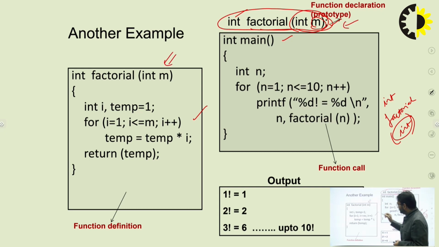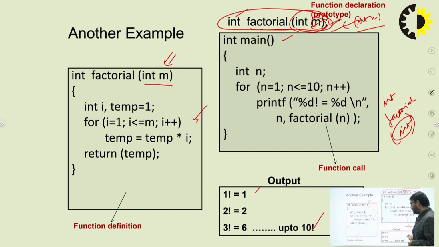We can change that name and write int n. Here we can use int m, but here we can use int n. It is not necessary to use the same name, but it is recommended to use the same name in the function definition as well as the function prototype declaration. So the output of that program will be factorial up to 10.